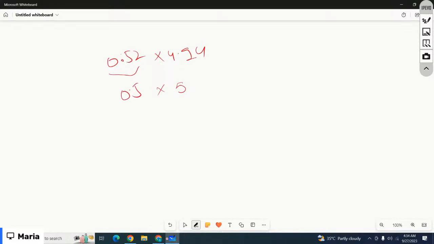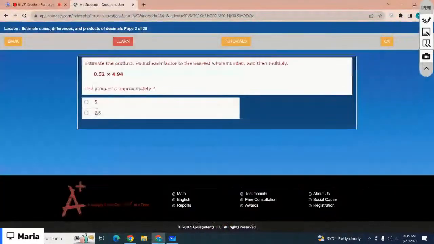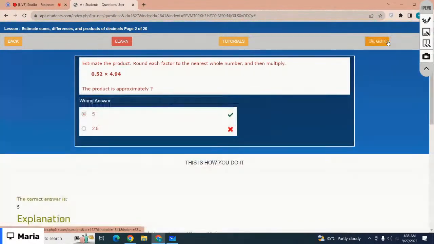So 5 times 0.5 is, that is 0.25, right? That would be 2.5, not 0.25, because you have to multiply 5 times 0.5, so that would be 2.5.